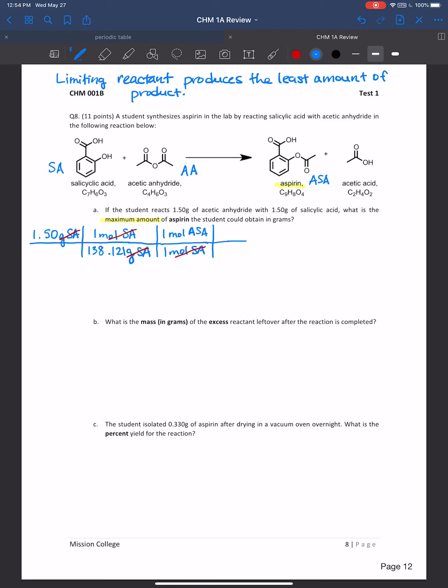And then finally, we want to figure out how many grams of the aspirin could be produced. And so we need to use the molar mass of the acetyl salicylic acid, or the aspirin. And then moles of acetyl salicylic acid cancel out.